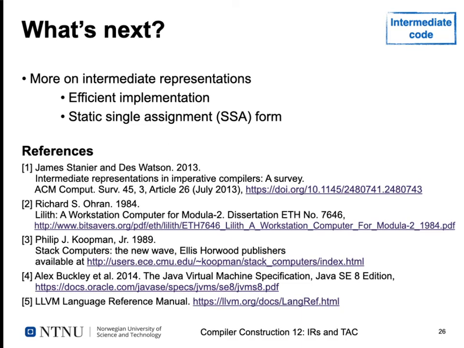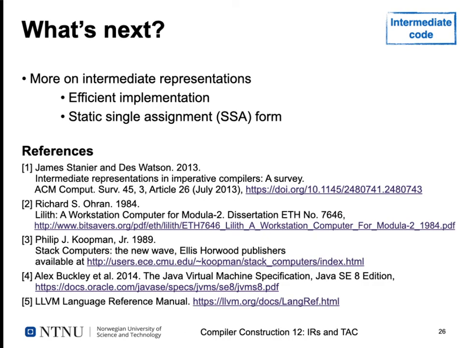And here are finally some references on intermediate representations. So there's a nice survey paper from 2013. Here's a paper about the Lilith stack machine hardware workstation that was built at ETH, so that was a PhD thesis at ETH. There's an interesting book that's already 30 years old, which is called Stack Computers, The New Wave.